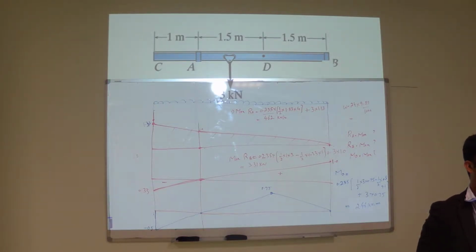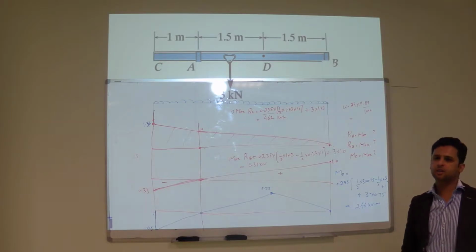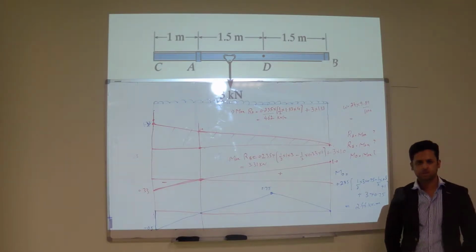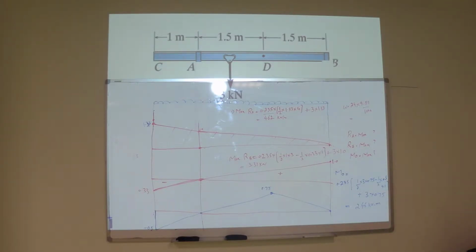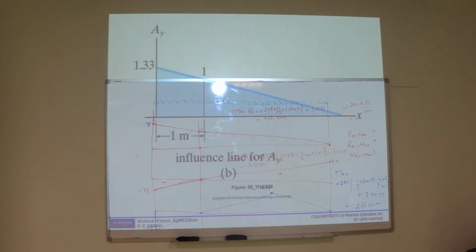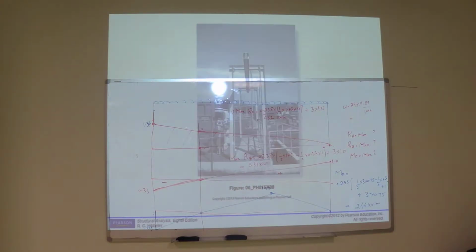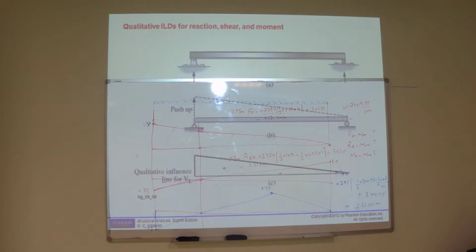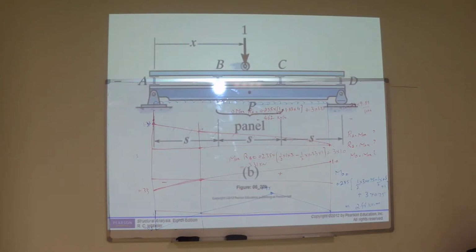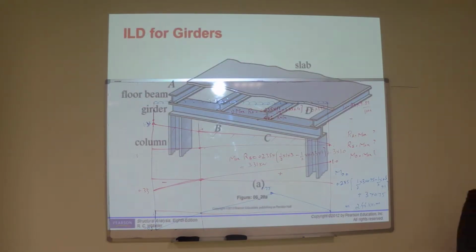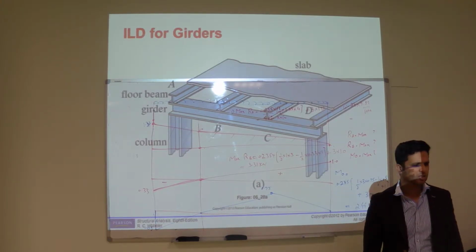Next we have to talk about the influence line diagram for a girder. Let me erase all these things. Just one thing.